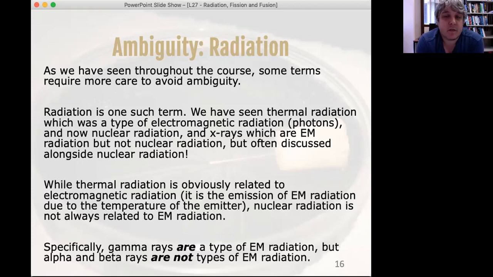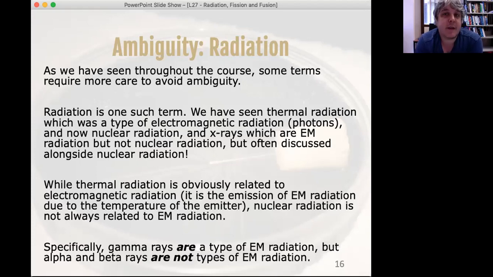So that means that not every photon is going to be thermal radiation. Right? They're all electromagnetic radiation, but they're only thermal radiation if they come from a substance due to its temperature. Nuclear radiation is either electrons, helium nuclei, or photons, and again, only called nuclear radiation if it's a result of nuclear decay.